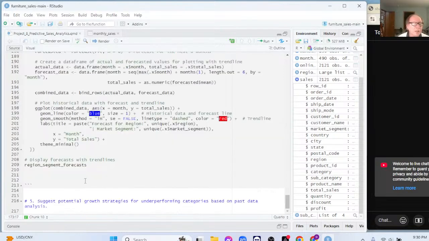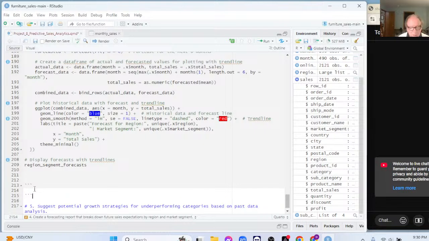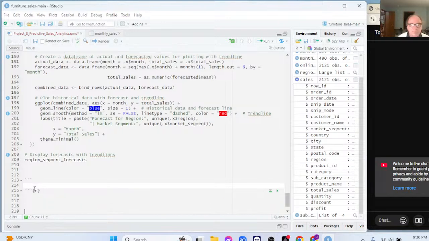Let's go back and try the other one also, although last time we did that, what happened was it said it couldn't do something. But let's take a look anyway.